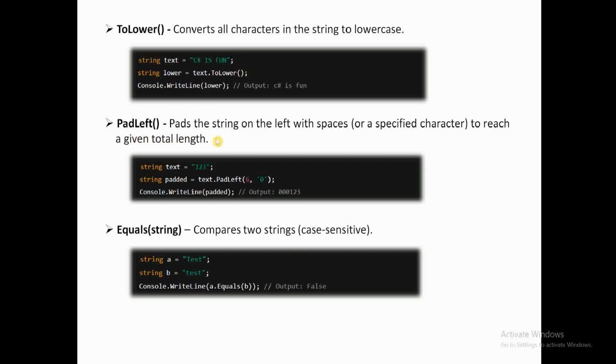PadLeft method, it pads the string on the left with spaces or a specified character to reach a given total length. PadLeft method means we have 3 characters only in a particular string. Here we have 1 2 3, total number of characters is 3, and if we want to add 3 more characters, then first we have to give the total length of that particular string. 3 is already there, and if we want to add 3 more, then we put 3 plus 3, 6, total 6 characters we want in that particular string, and we want to add 0.